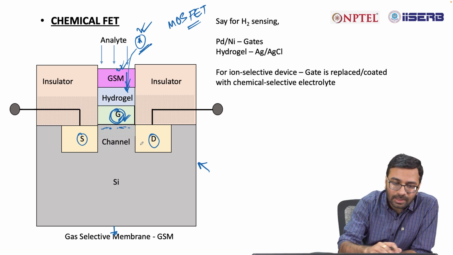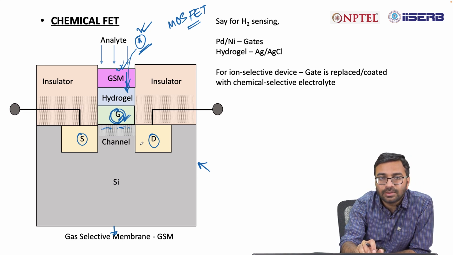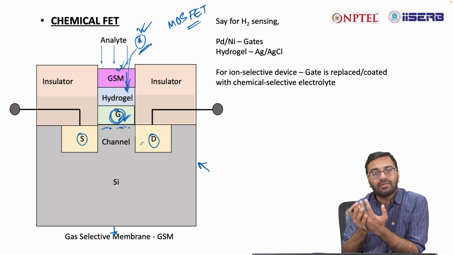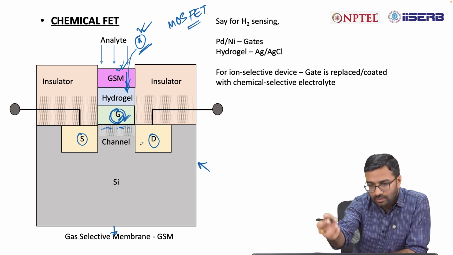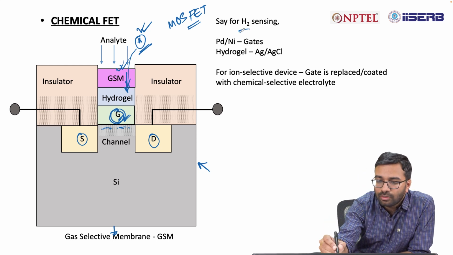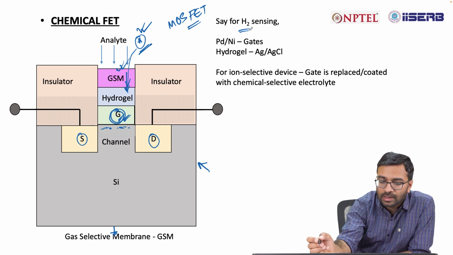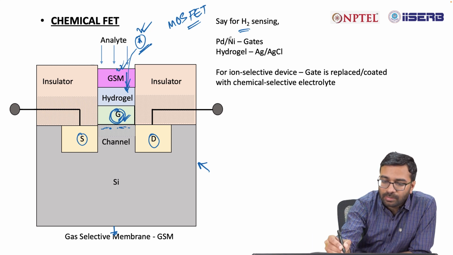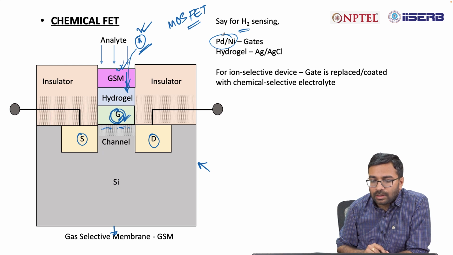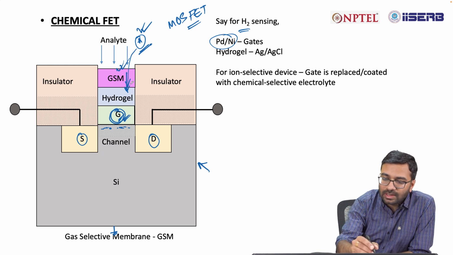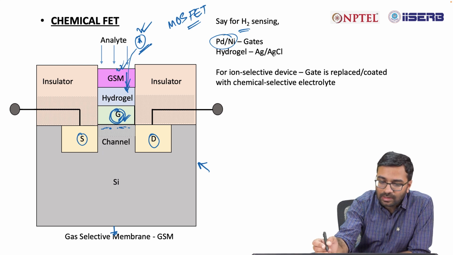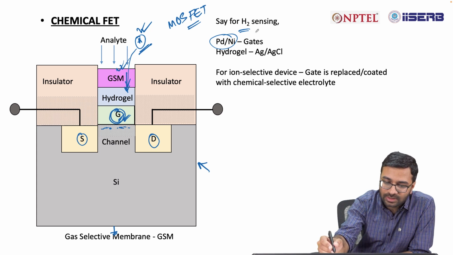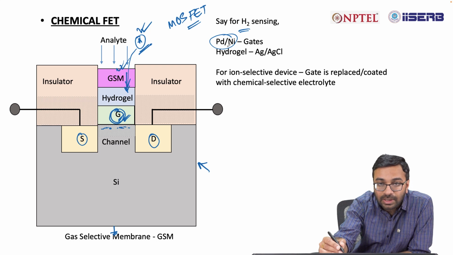So this is a typical structure of a chemical FET, right? Say if you take an example of hydrogen, if you create a gate electrode with palladium and nickel, and the hydrogel is silver chloride, and then you take a hydrogen selective membrane, in that case the hydrogen will react with palladium nickel.